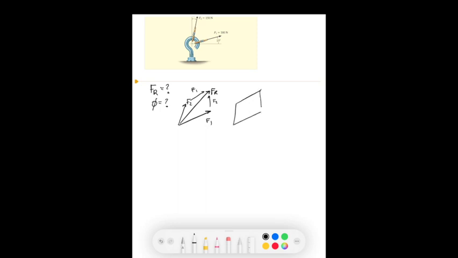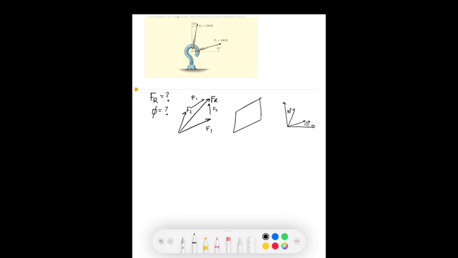And we need to start to figure out the angles within that parallelogram. Well, we know already that this is a 90-degree angle, and we know that this is 15 degrees, and we know that this is 10 degrees from what's shown in the picture. So we know in between is 90 minus 10 minus 15, so that's 65 degrees. So inside here is 65 degrees, and we know as a parallelogram it's the same on the other side. And we also know that a parallelogram has 360 degrees inside.